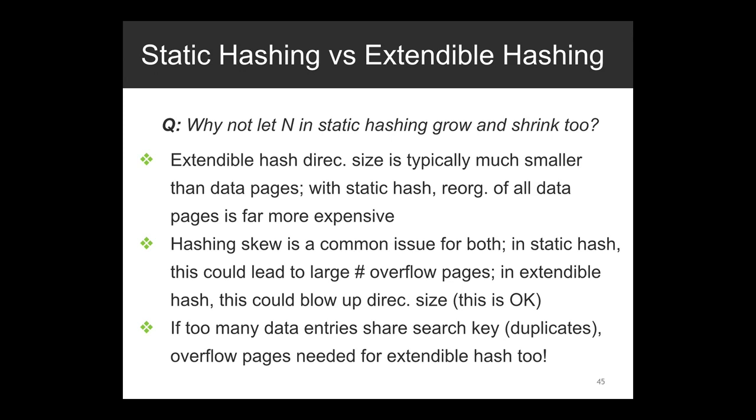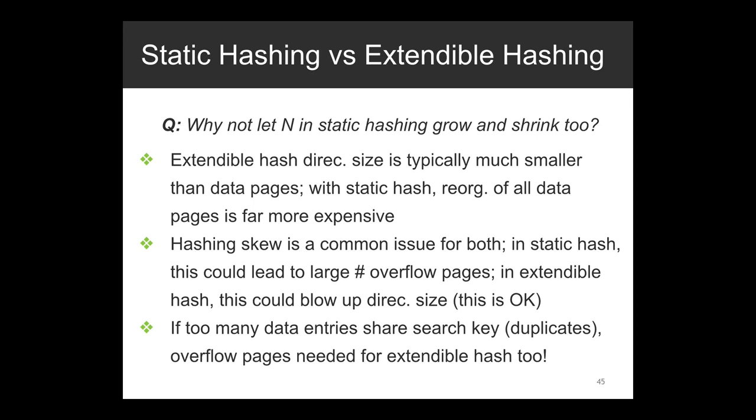Okay? Now, this notion of skew that I talked about, where the hash function is not uniformly spreading the search keys to your bucket pages, can happen in both cases. And especially if you have duplicates, overflow pages are unavoidable. If your search key is something like year, you're indexing on year in movies, it's quite likely multiple data entries will share the same search key.